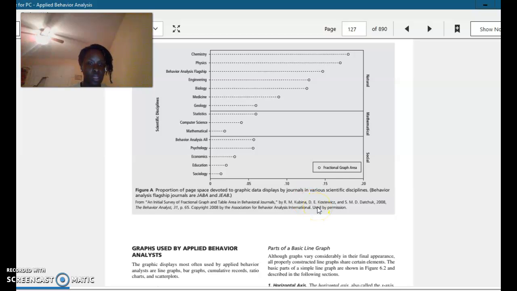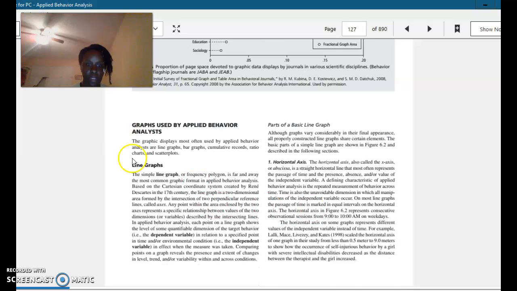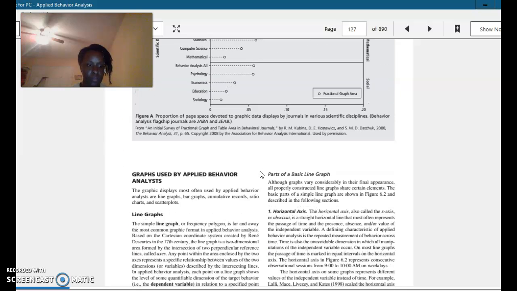First, starting with line graphs. Line graphs are the most frequently used graphs out of your bar graphs and scatter plots. So line graphs are your most common.